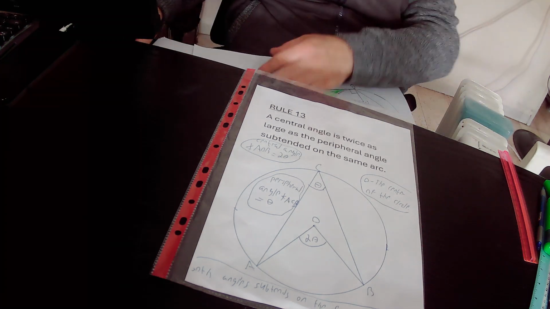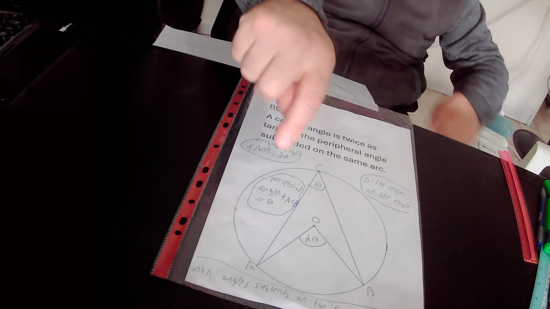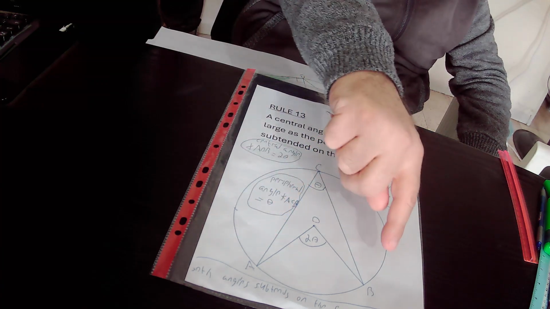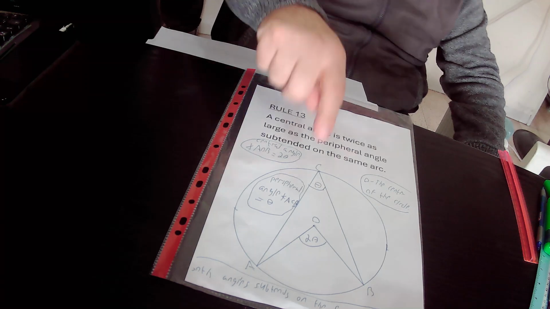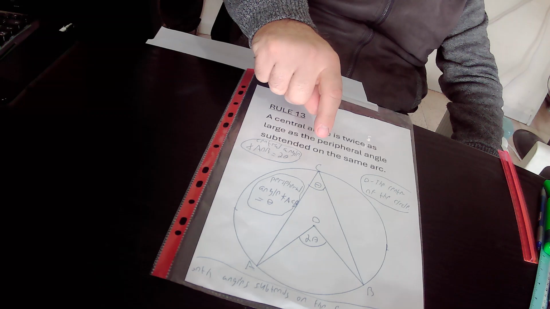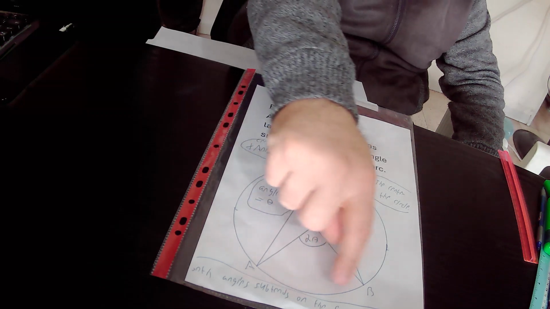So in the drawing we have a circle. Inside this circle we have peripheral angle ACB. Peripheral angle ACB equals theta degrees in its size, and is subtended on this arc AB.